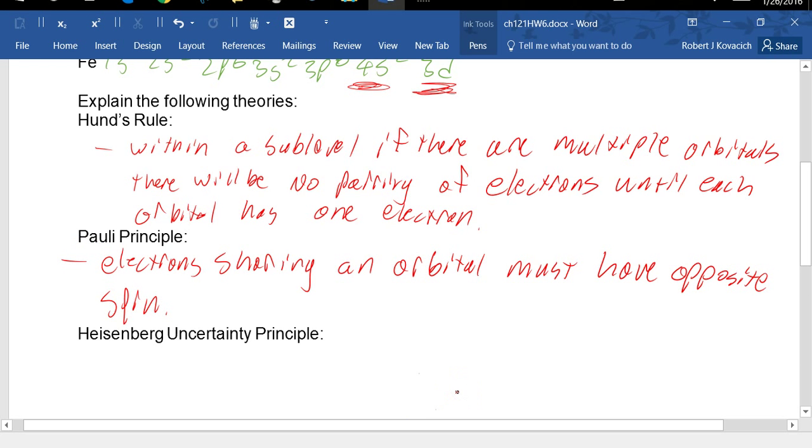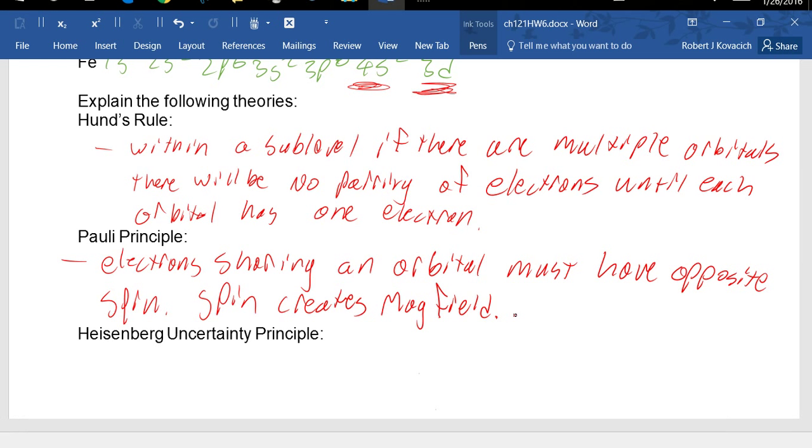What does the spin do? Creates a magnetic field. So that spinning creates a magnetic field, and then you've got magnetic fields that are attracted to each other instead of opposing each other when they're opposite.